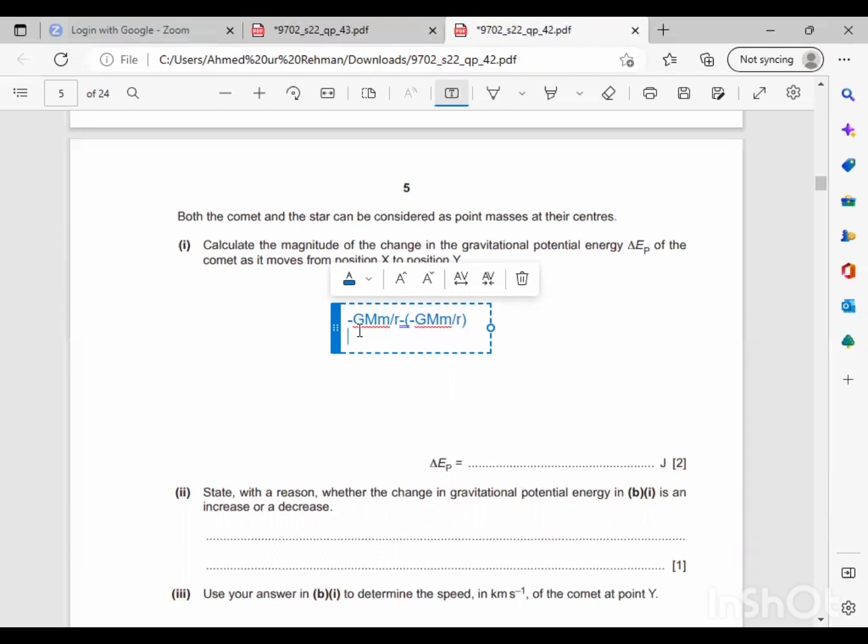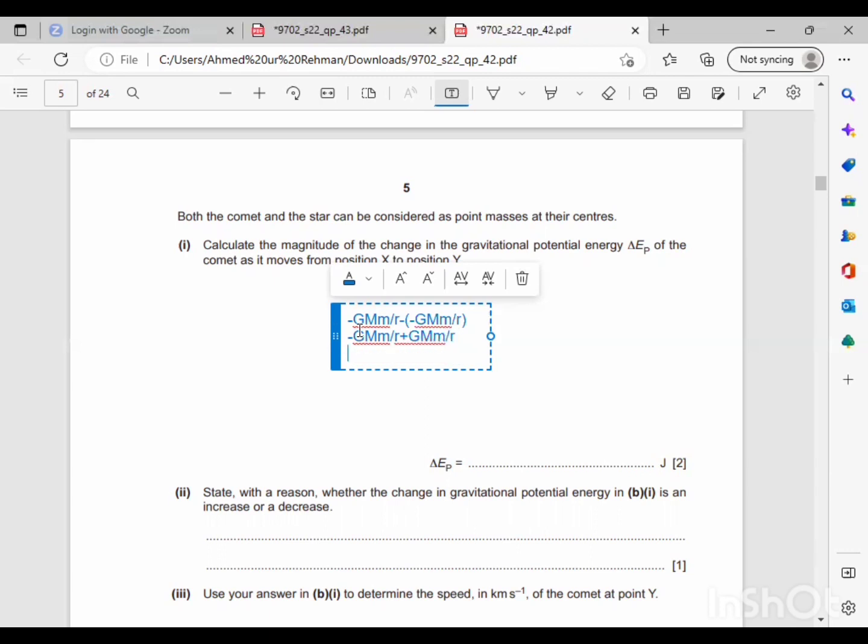If I further simplify it, I get GMm upon r plus GMm upon r, right?